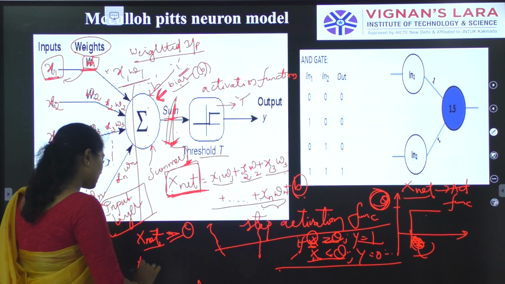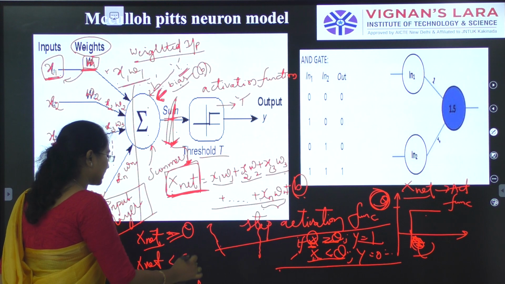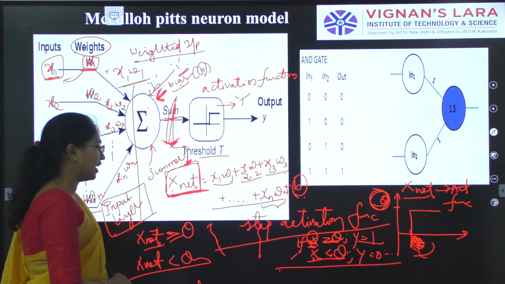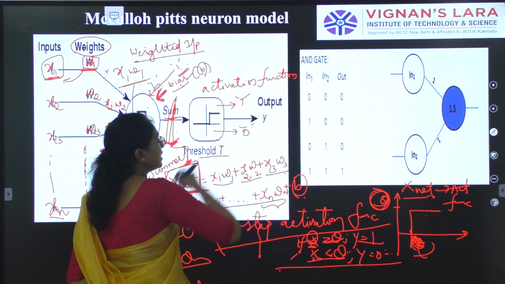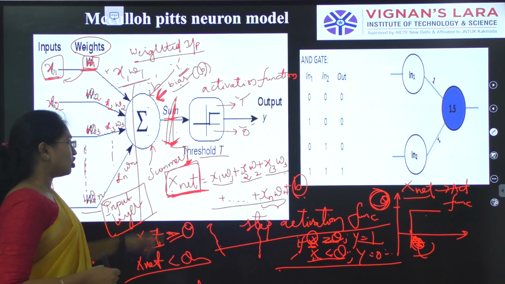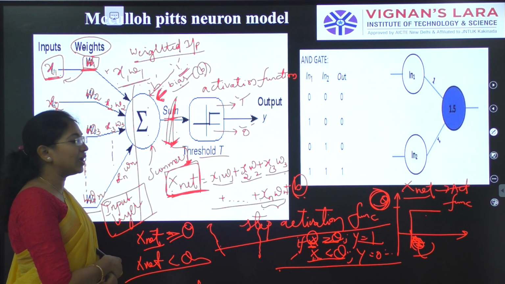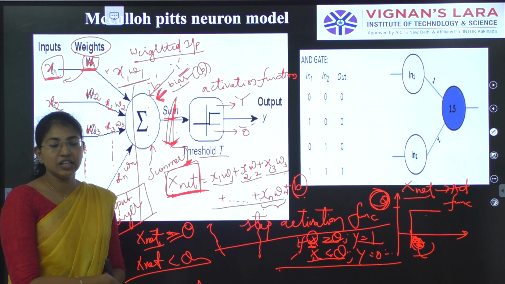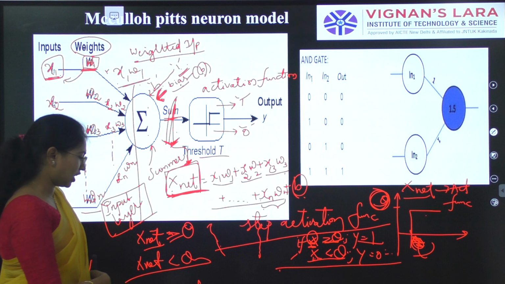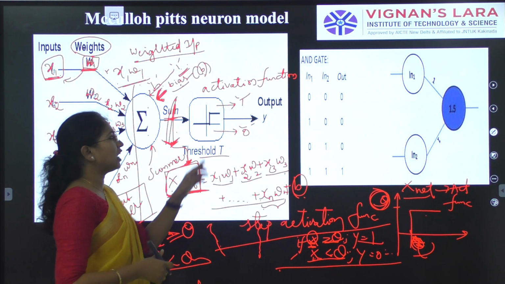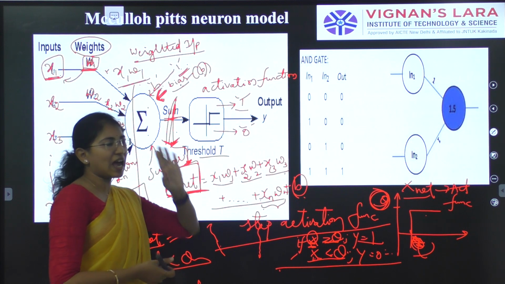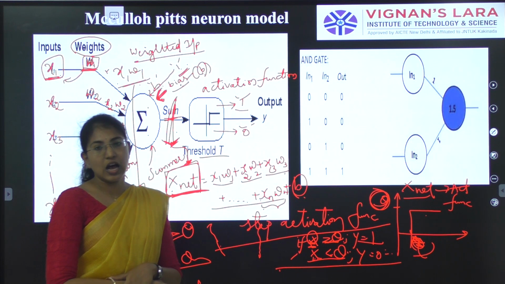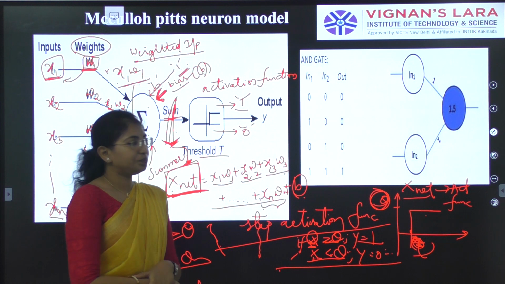Now, if X net is less than theta, it is not satisfying the condition, then you will get the output of this neuron as 0. So this X net is being compared with the activation value present in the activation function. If the condition is satisfied, we get 1 as the output of the neuron model. If not, we get 0.